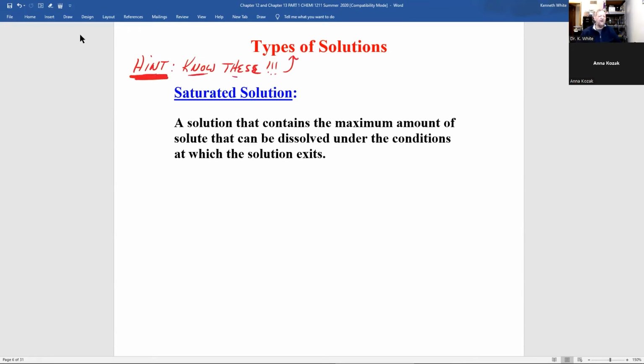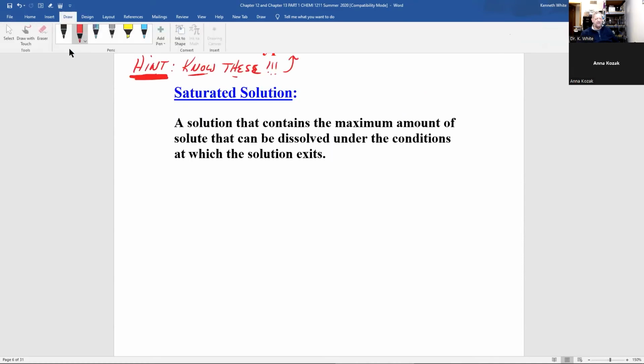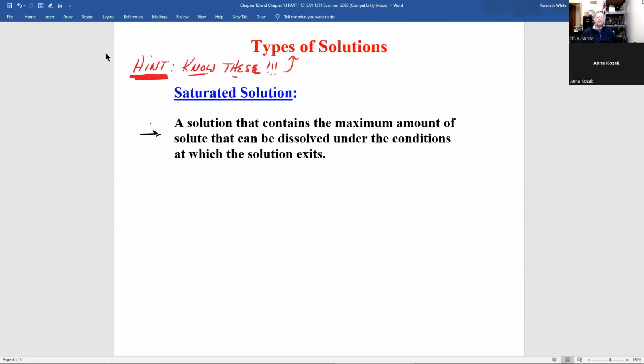All right, the first one I like to talk about is a saturated solution. Now, a saturated solution is a solution that contains the maximum amount of solute that can be dissolved under the conditions in which it exists. You can't put one more molecule in there. If you did and tried, it would just, if it's a solid, go to the bottom.